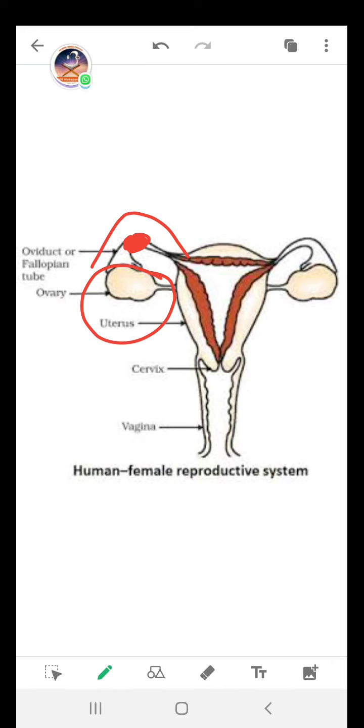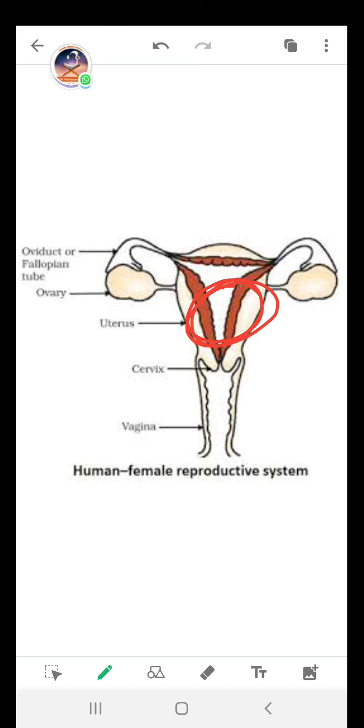And in the uterus, the growth and development of the fertilized egg, the zygote, takes place.